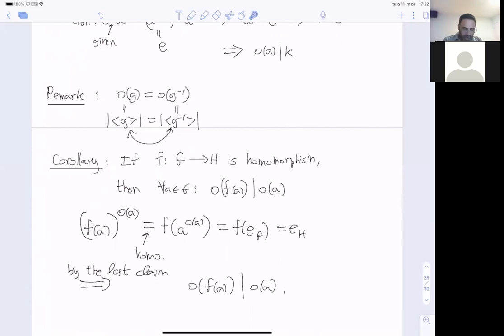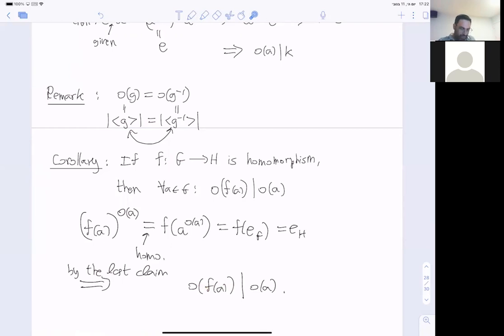By the way, the order of the image could be 1. I mean, you can take the trivial homomorphism that takes everything to 1. It's not so interesting, but it's possible. So this can be very small.